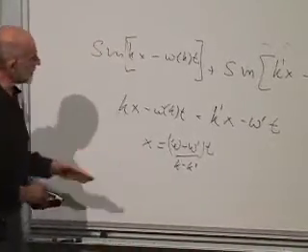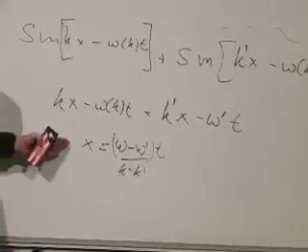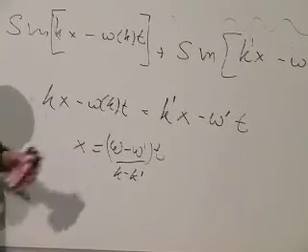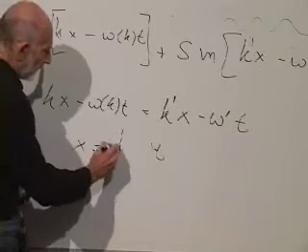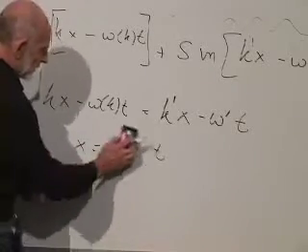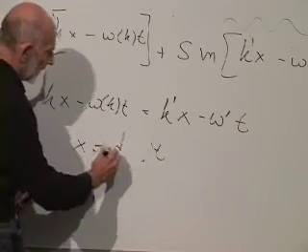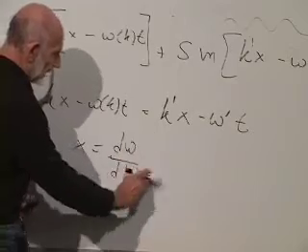And so what it says is the place where they reinforce each other will travel along an orbit which is x equals d omega by dk times t.